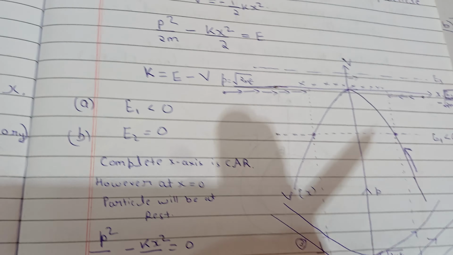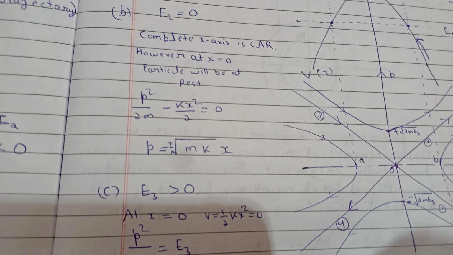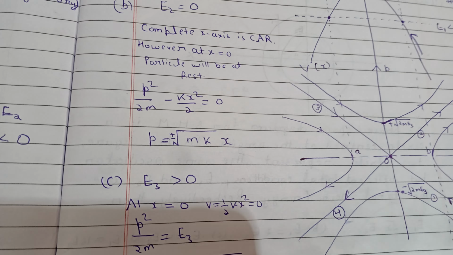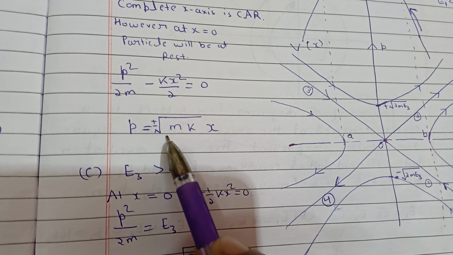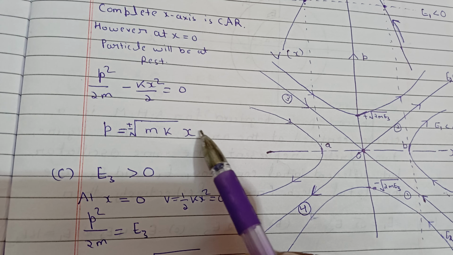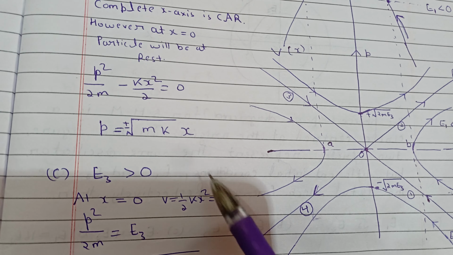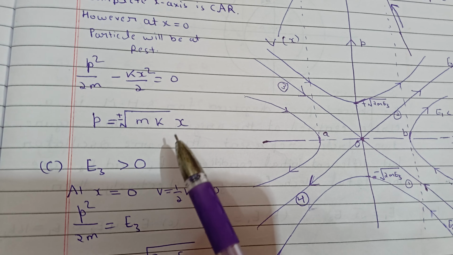Just substitute E equal to 0 in this equation and try to plot p and x, you will get this kind of equation. So this is a linear equation, the equation of a line, and its slope is this. Okay, so we'll get this, and we don't have any coordinate on the xy axis because of this.